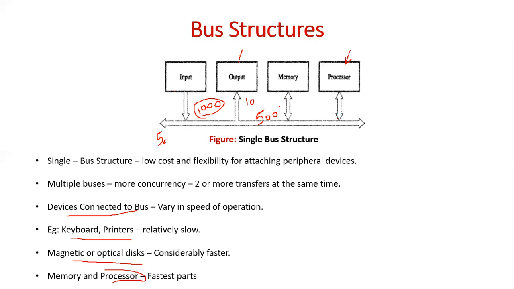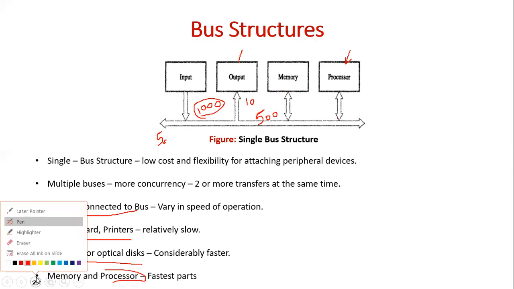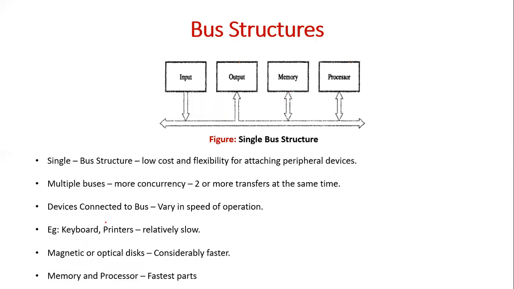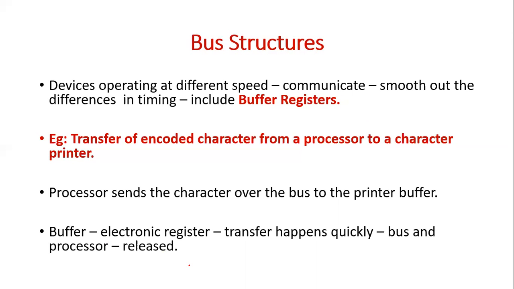Again, because of that, the performance of the memory may be affected. So as different devices use the same bus, this kind of problem may occur. So how can we overcome this problem? This is a very common problem in any computer, as devices operating at different speeds communicate.